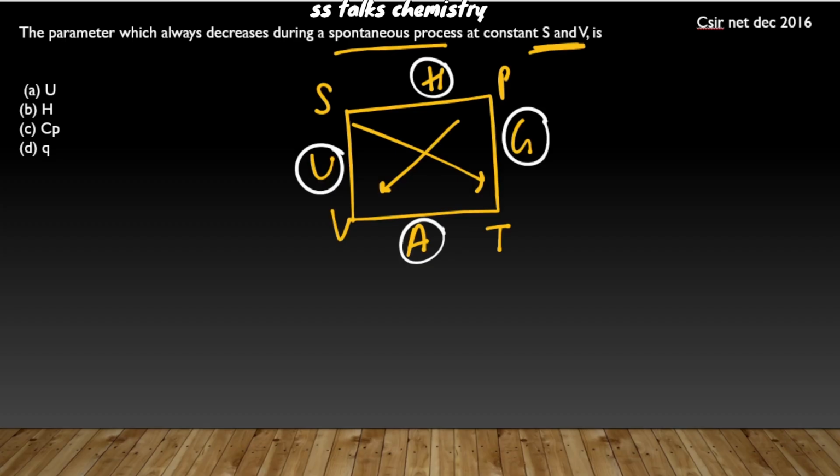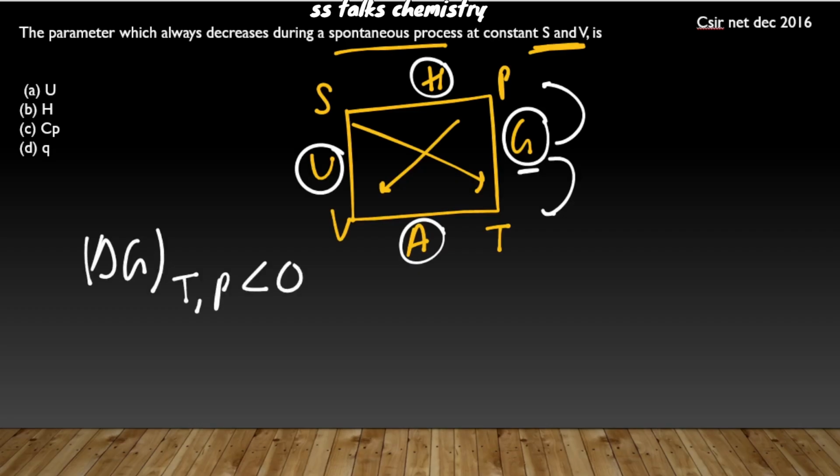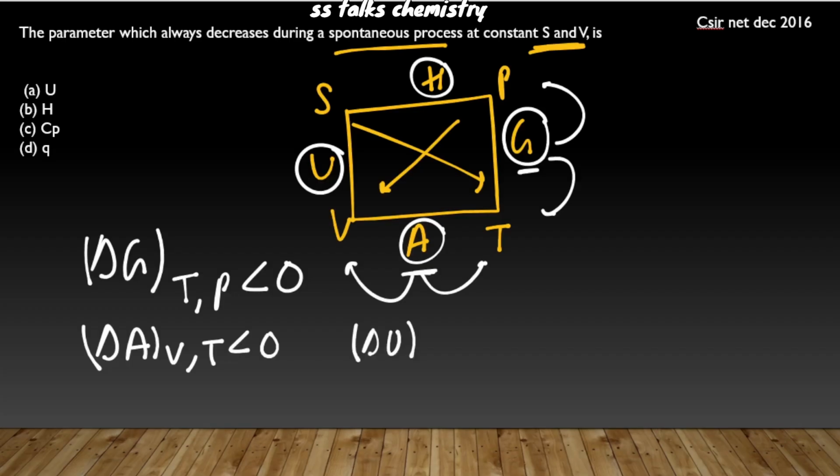Now, if I talk in terms of the Gibbs free energy, it will be at constant temperature and constant pressure. So we write like this, delta G at constant temperature and pressure is less than 0. Similarly for the Helmholtz free energy, we write in terms of constant volume and temperature. So delta A at constant volume and temperature is less than 0. Internal energy, at constant entropy and volume, it will be less than 0.